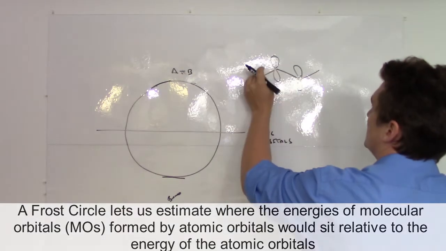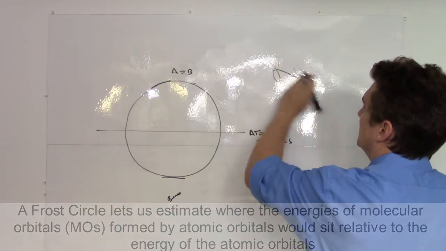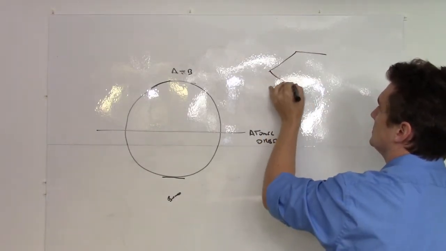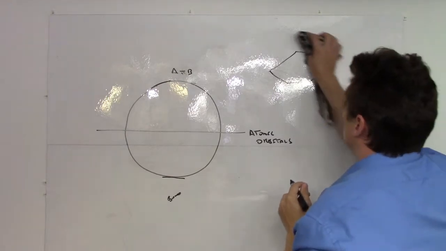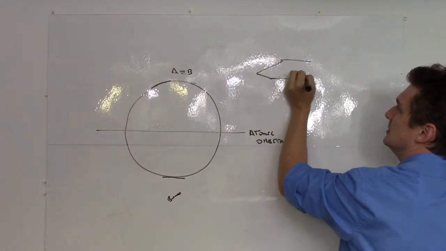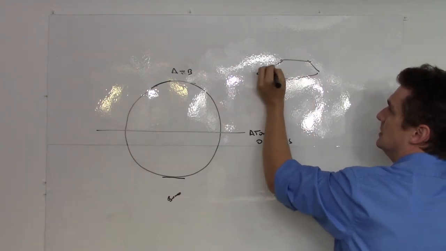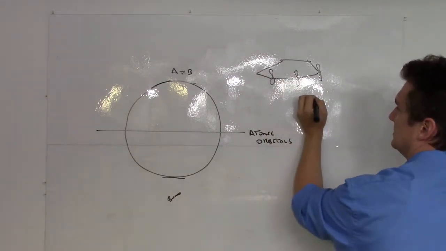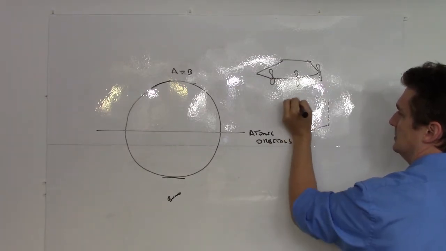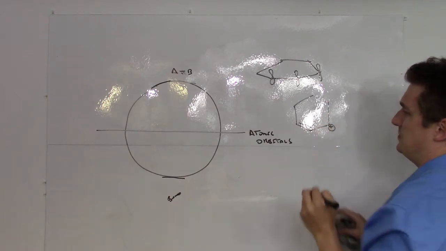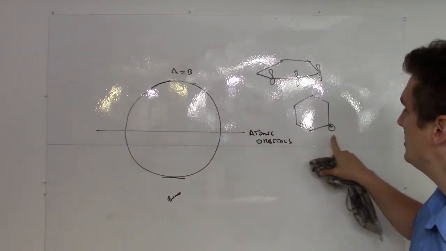Well, let's make our system bigger. So, sorry, I'm going to try to draw a benzene ring on its side. So let's say we have something like this structure here. So we're going to use the p orbitals associated with this pi bond and this p orbital here.